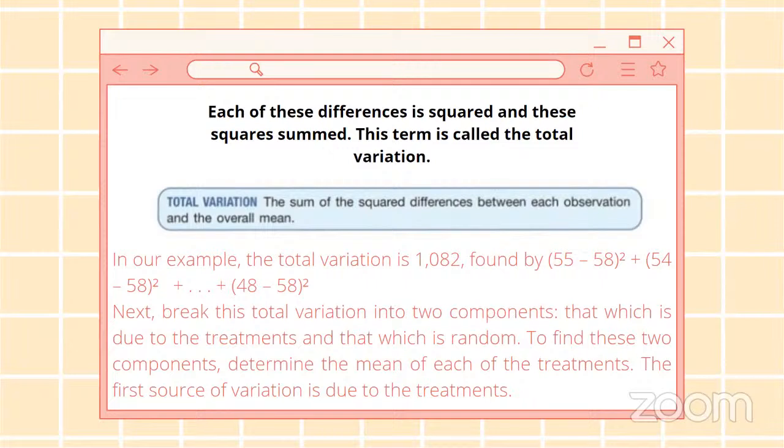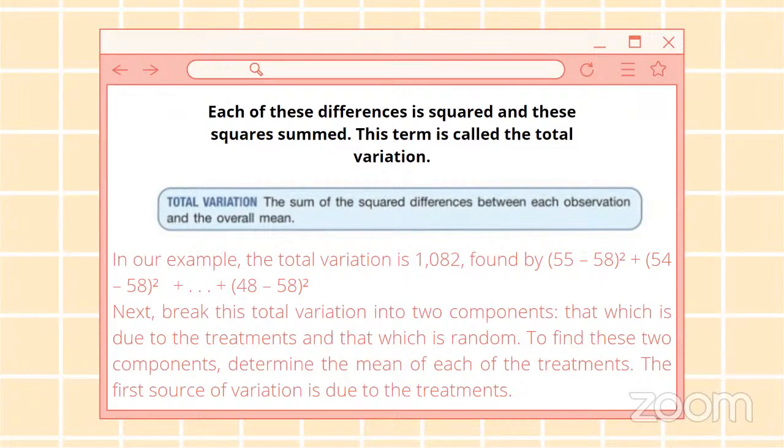In our example, the total variation is 1082, found by (55 minus 58) squared plus (54 minus 58) squared plus (48 minus 58) squared, and so on.